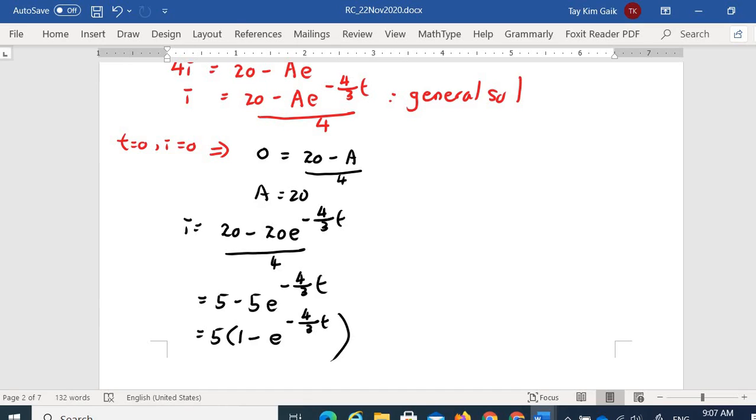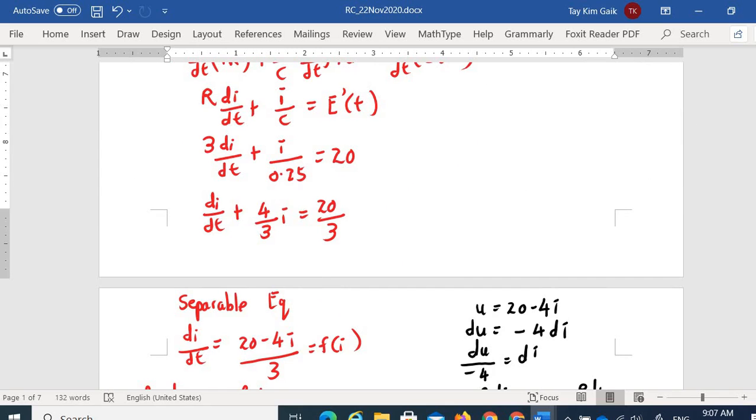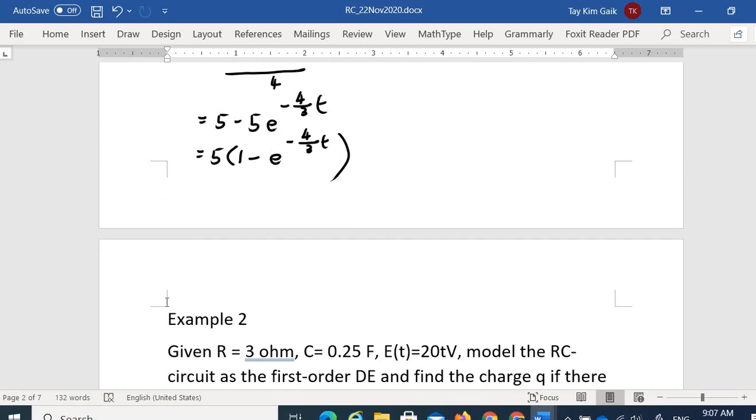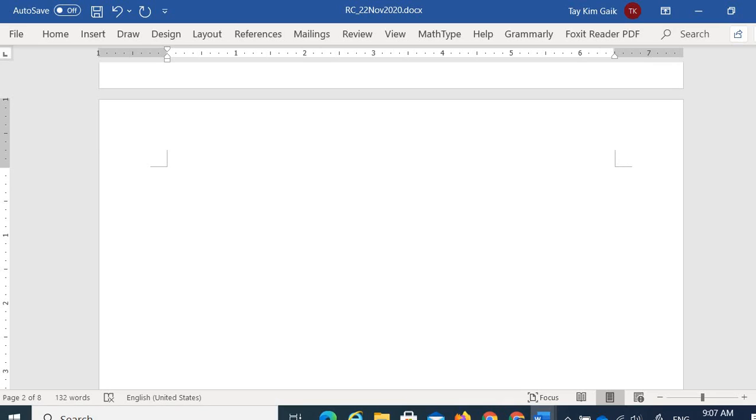Okay, this is using separable equations. And notice this one is also a linear equation. You may solve it using the linear equation method, which is much simpler. So now we solve it using linear equations, where we have the equation di/dt plus 4 over 3 i equal to 20 over 3.